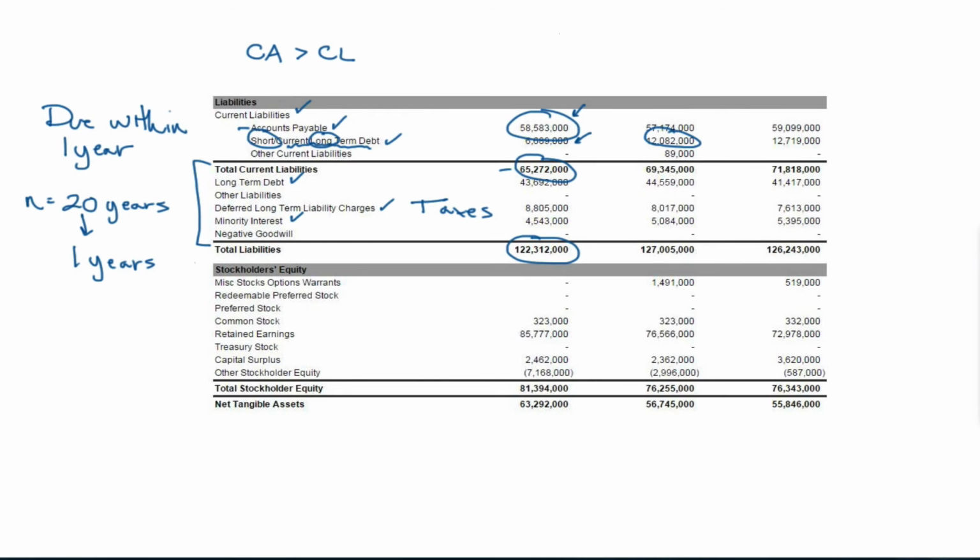Minority interest represents the stake that shareholders have in what we call a subsidiary. And a subsidiary is essentially a business that the company owns. And so what happens is we value the percentage stake that is owned. So usually they have to have at least a majority stake in the company to be considered a minority interest.